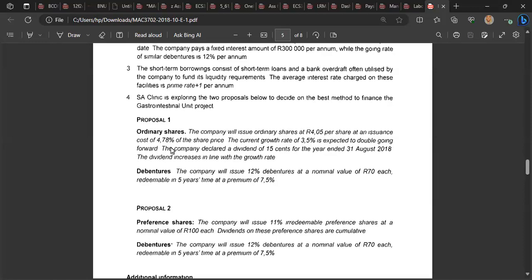Right, so the company declared a dividend of 15 cents on the 31st of August 2018. So the dividend increases in line with the growth rate, which is what's given there. And then the debentures, the company will issue 12% debentures at a nominal value of 70 rand each, redeemable in 5 years at a premium of 7.5%.